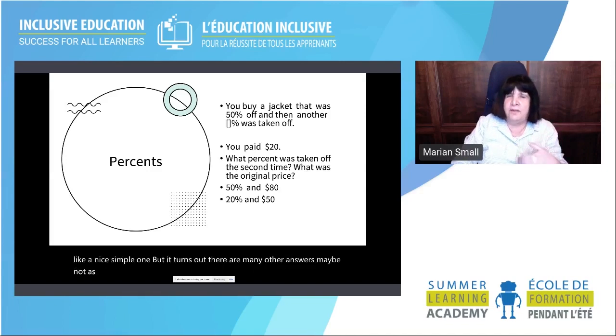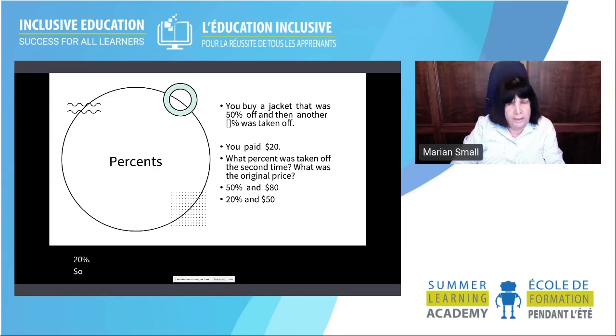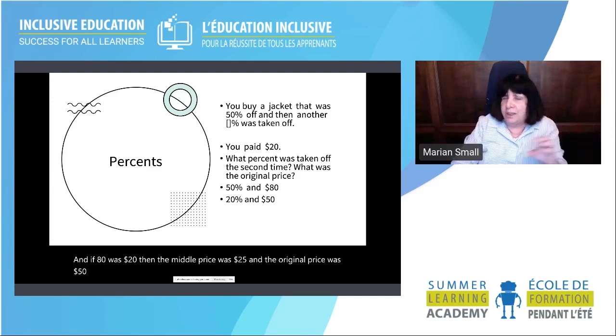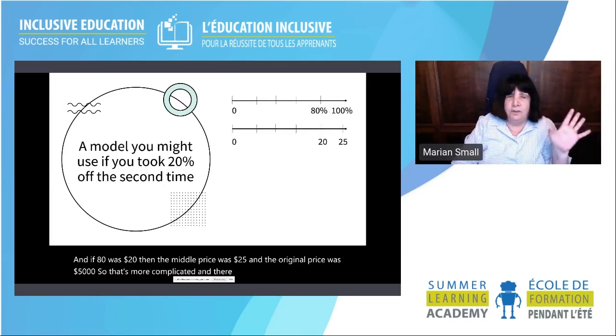It could have been that the second time you took off 20%. So if you took off 20%, you paid 80%. And if 80% was $20, then the middle price was $25 and the original price was $50. So that's more complicated. And there are things that are even worse that you could do as well.